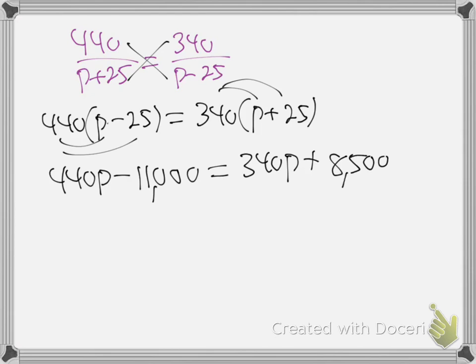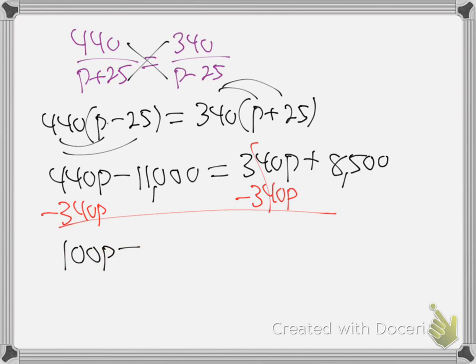Okay. Now we have the letter on both sides. Let's get rid of the lower one. Subtract 340P. Gonzo, so that'll leave us with 100P minus 11,000 is 8,500. Add the 11,000.